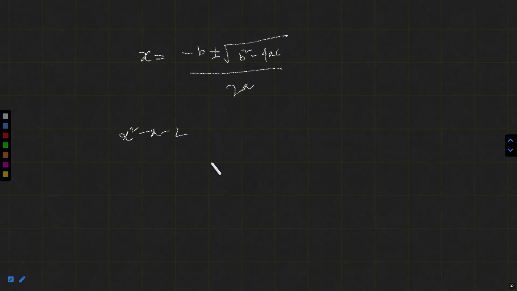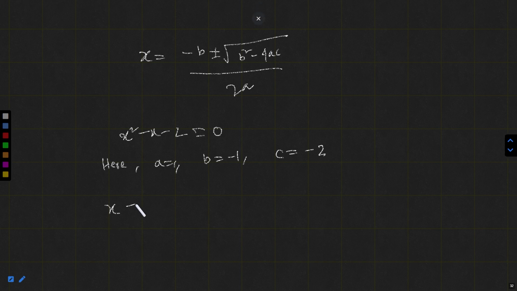If we compare this equation with the quadratic equation ax square plus bx plus c is equal to 0, then the value of a is 1, the value of b is minus 1, and the value of c is minus 2.